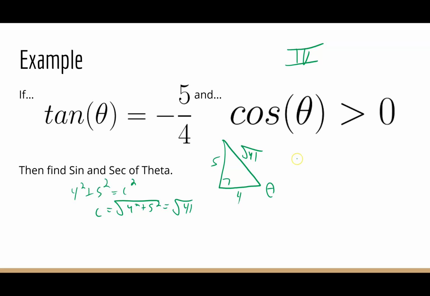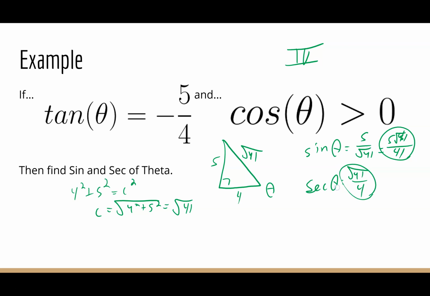So the sine of this triangle is 5 over square root of 41, which is 5 square root of 41 over 41. Secant is the opposite of cosine, so cosine is adjacent over hypotenuse. Secant is hypotenuse over adjacent, so square root of 41 over 4. So in this one, just a little more cryptic on the quadrant, but you still have a fraction and a quadrant.